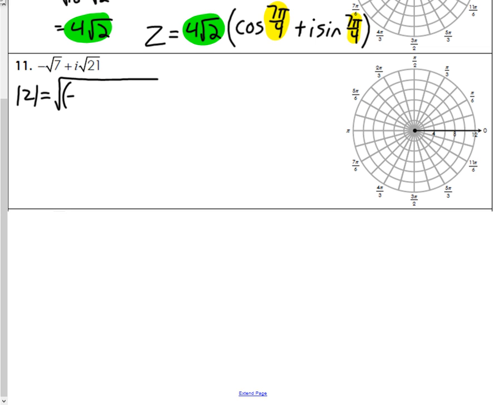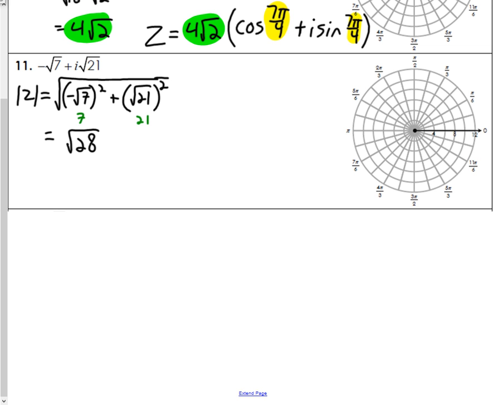The square root of negative root 7, quantity squared, and then we get root 21 squared. So the square root of 7 times the square root of 7 is just 7. Negative times a negative makes it positive. So this whole thing will just be 7. Square root of 21 squared will just be 21. So when we go to put those two things together, we will get the square root of 28.